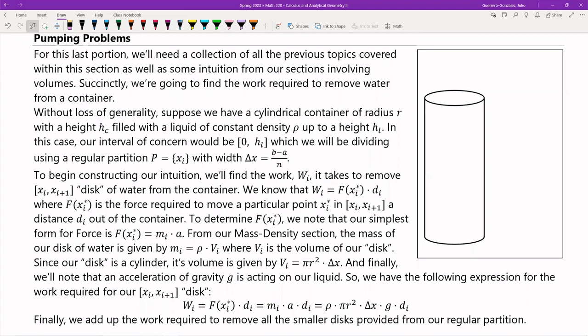The book explains it another way. They are equivalent methods of explanation, but I feel that my explanation is a little bit more intuitive than what you would find in the book.